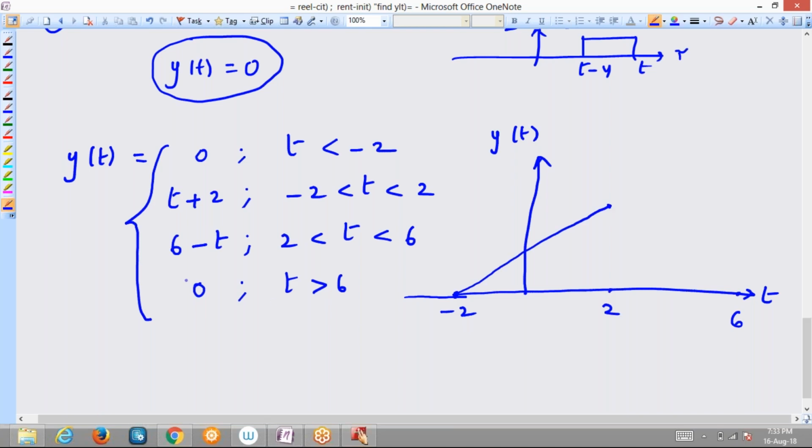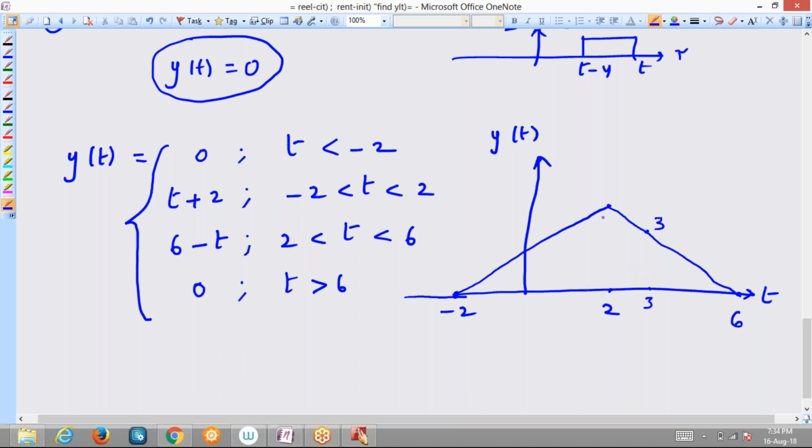And the 6 minus t plot will be a reflected and shifted ramp function, so that we'll get at 3, 6 minus 3, it is 3.